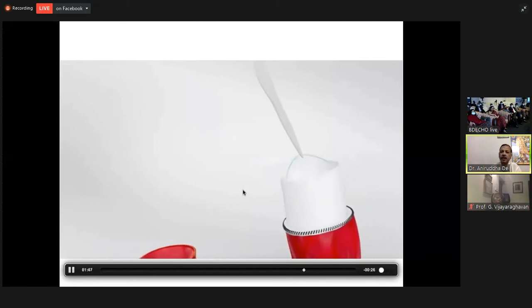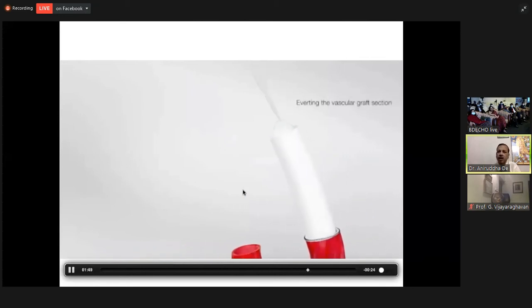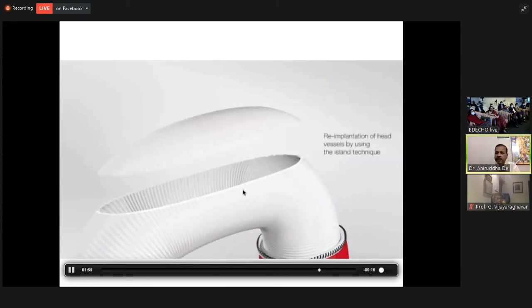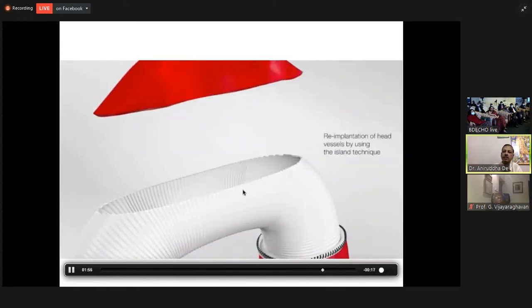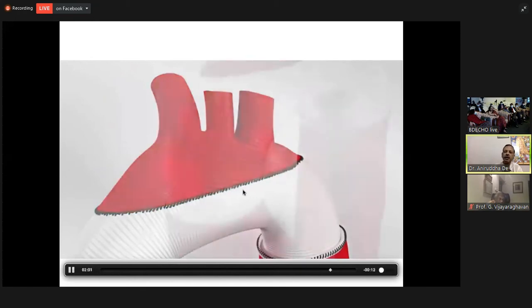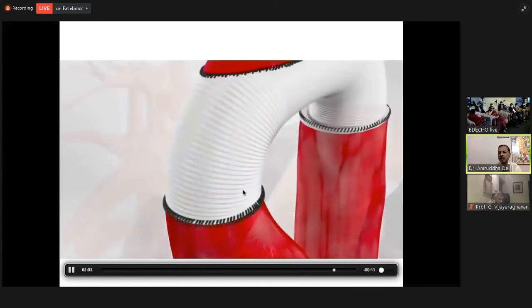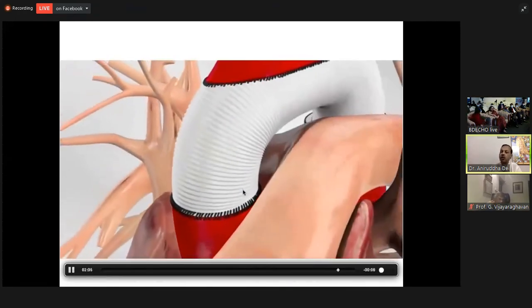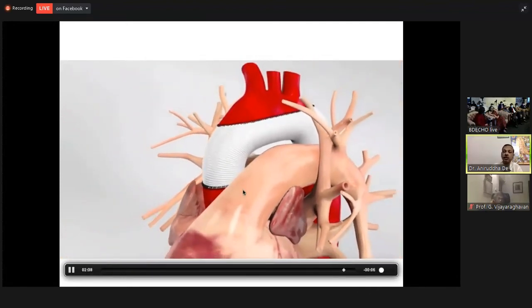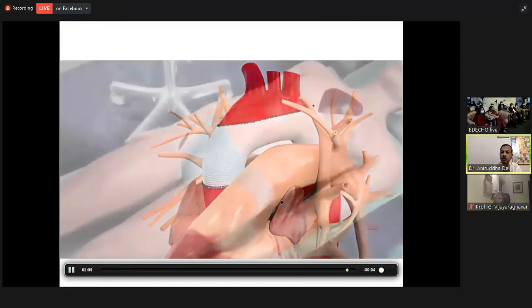Then we evert the vascular graft into the ascending aorta, and then reimplant the head vessels by using the island technique. Ultimately, the whole reconstruction has been done in the OT itself and by the device. And in this patient, it was done the same way.